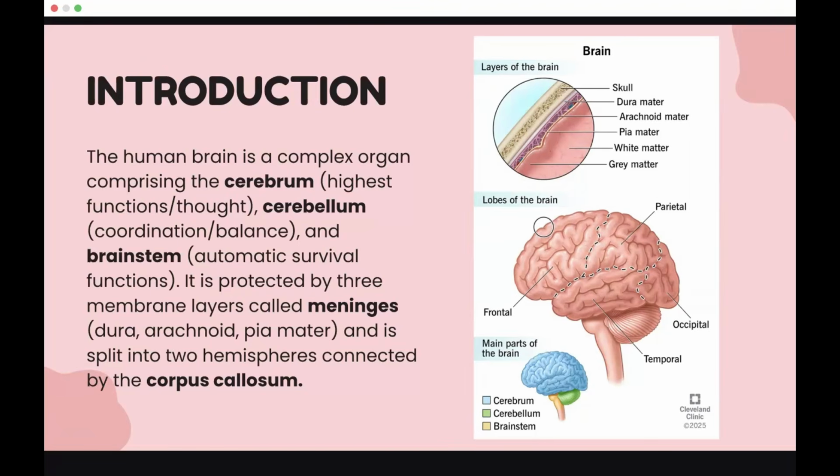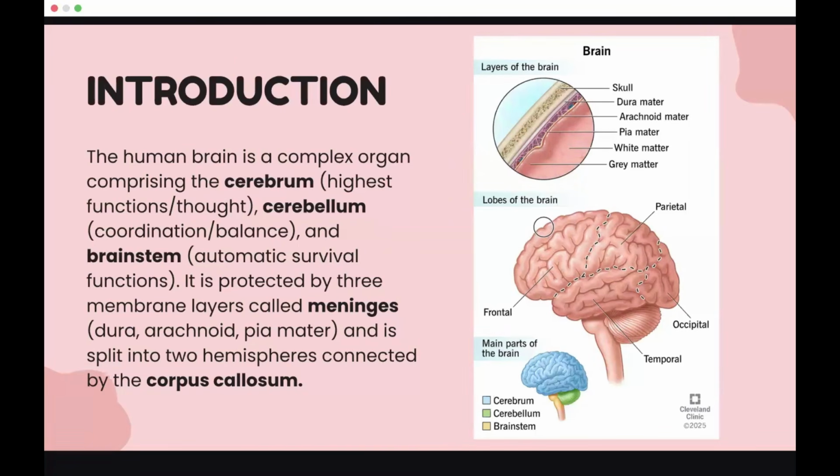The cerebrum is the part that holds the highest functions, such as thought, your personality, and your actions. The cerebellum has to do with coordination and balance. And the brainstem has to do with automatic survival functions. For today, we're not going to be focusing on the cerebellum and brainstem. We're going to be focusing on the cerebrum.